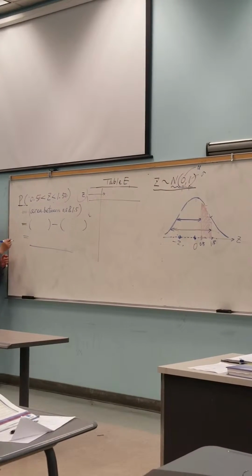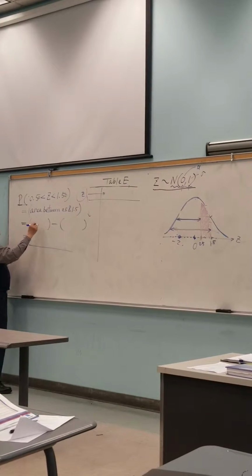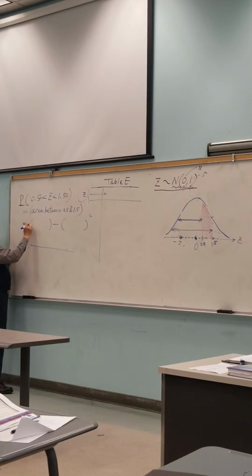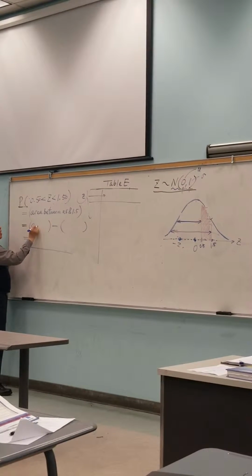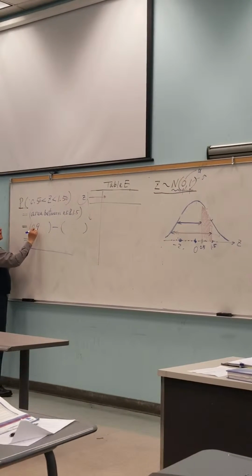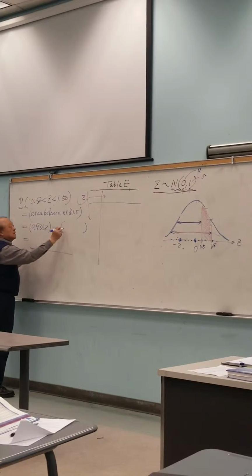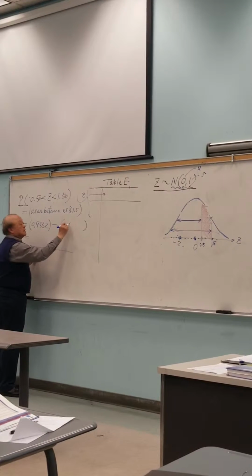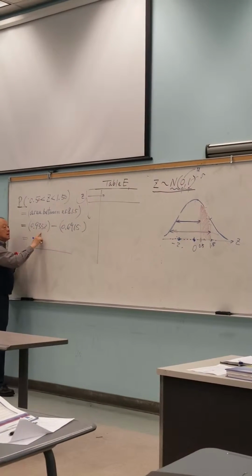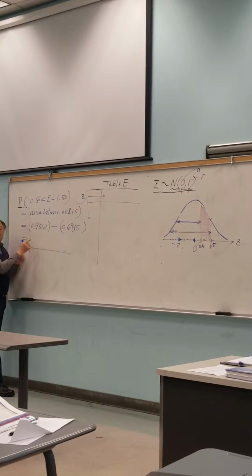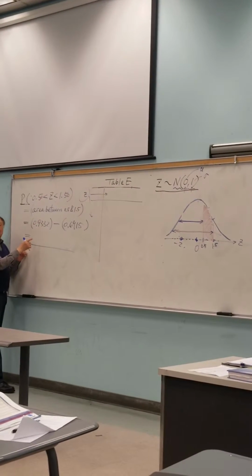Okay, tell me, the larger left area is 0.6915. Double check, are they correct? Yeah, 0.6915.